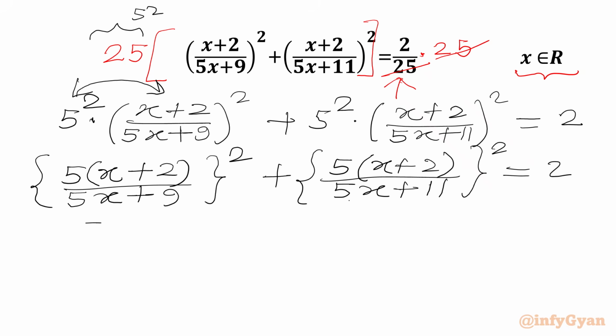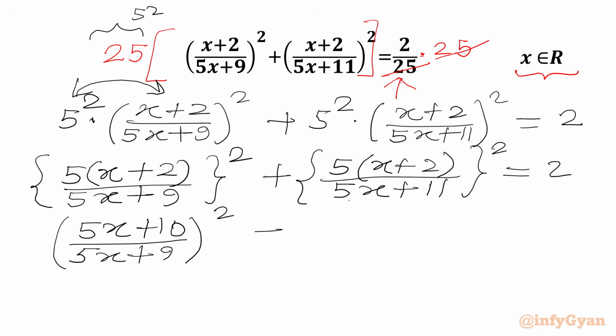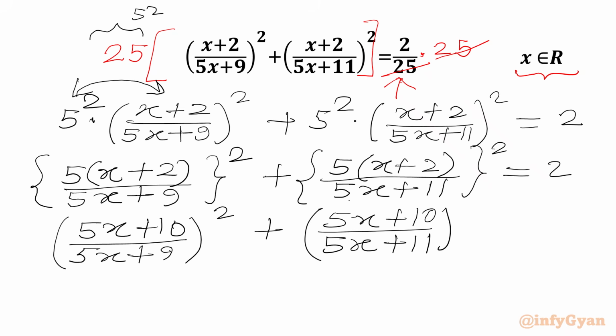Or we will write (5x plus 10 over 5x plus 9) whole squared plus (5x plus 10 over 5x plus 11) whole squared equal to 2.